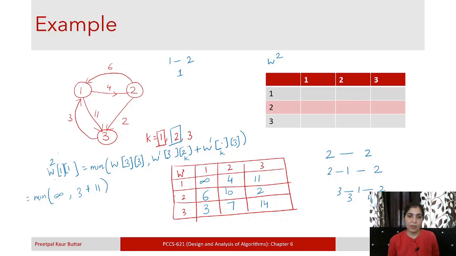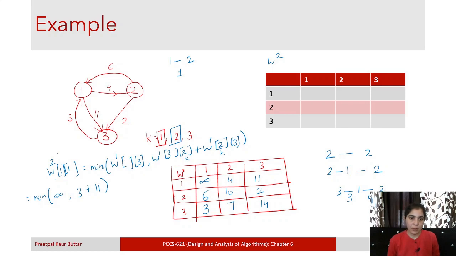The intermediate vertex which we are considering is 2. And we are looking at W1. It means we are also considering the shortest paths which were found by using vertex 1. Okay, and here also we will look at vertex 1. So it is 1, 1.